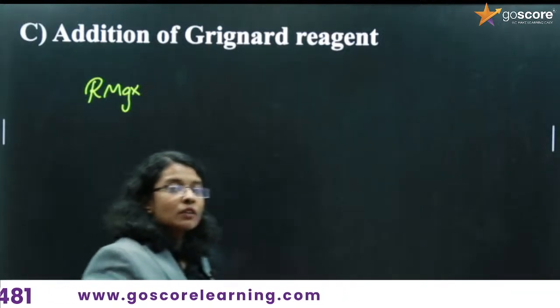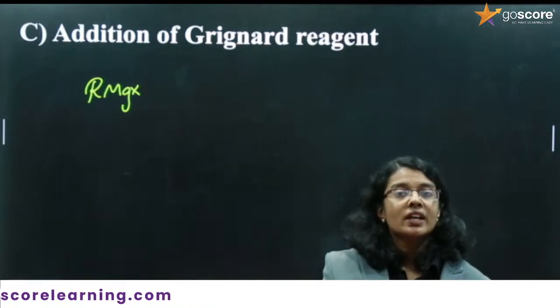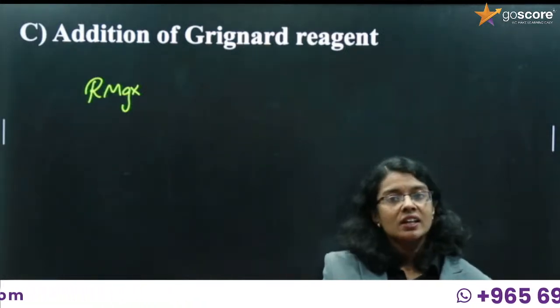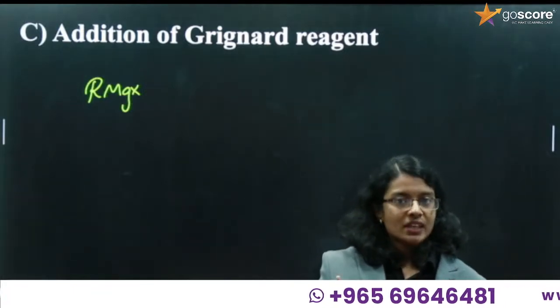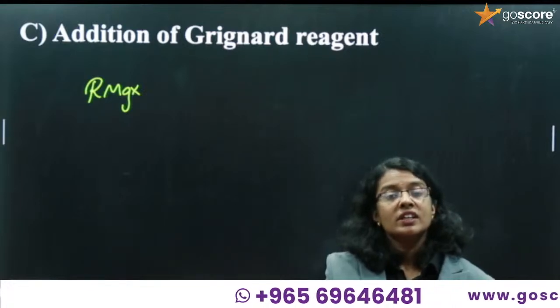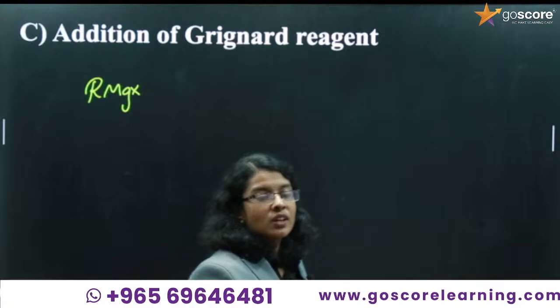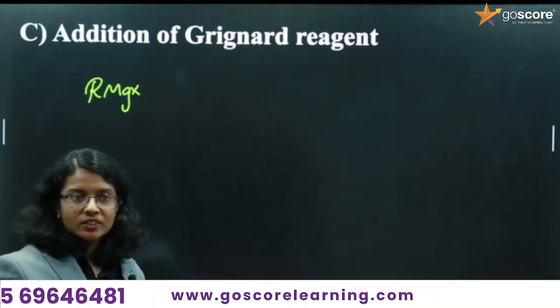So here, if formaldehyde is reacting with Grignard reagent, you will get primary alcohol. Other aldehydes react with Grignard reagent, you will get secondary alcohol, and if ketone is reacting, you will get tertiary alcohol. Is that clear?